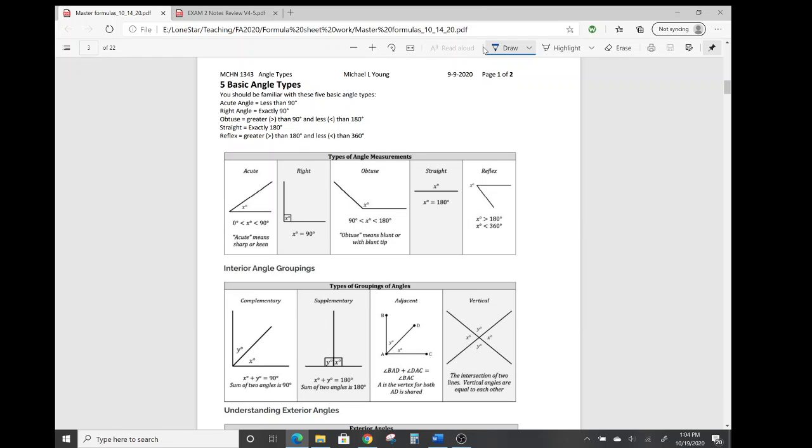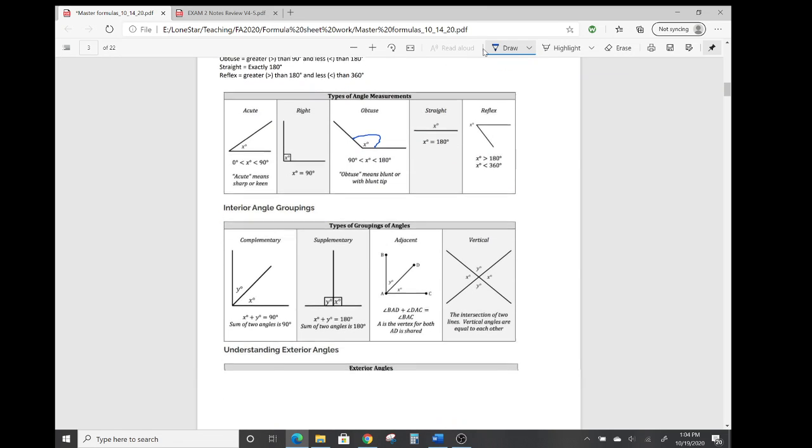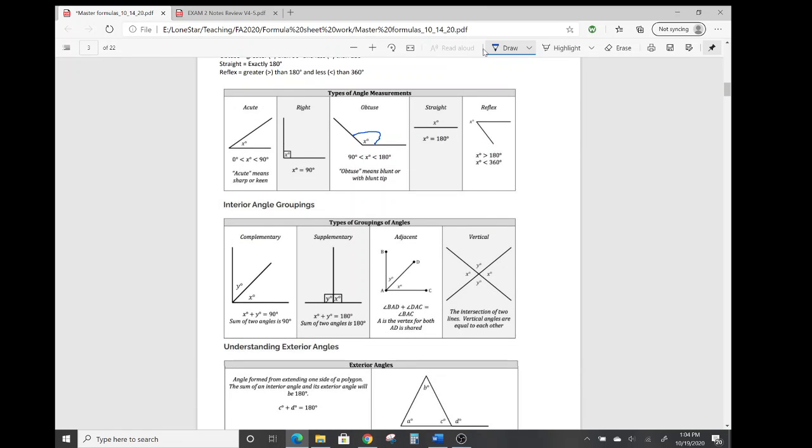The right angle is 90 degrees. That angle is 90 degrees, and that's generally the symbol for 90 degrees. Obtuse. It's becoming more fat. You measure the angle here like this. Let's pick another color.